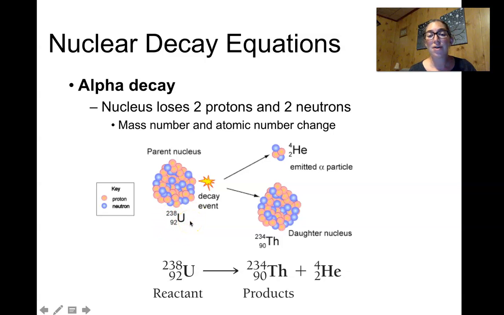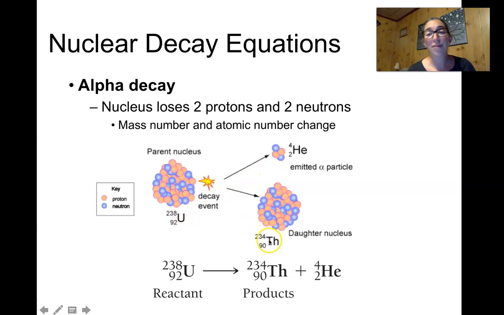So we've got uranium-238. Uranium's mass number is 238 and the number of protons is 92. Then it undergoes alpha decay. That's what the reaction arrow is. And it spits out an alpha particle. Well, what's left is no longer uranium because it has lost 2 protons. And remember, now it only has 90 protons, and an atom with 90 protons is no longer uranium.